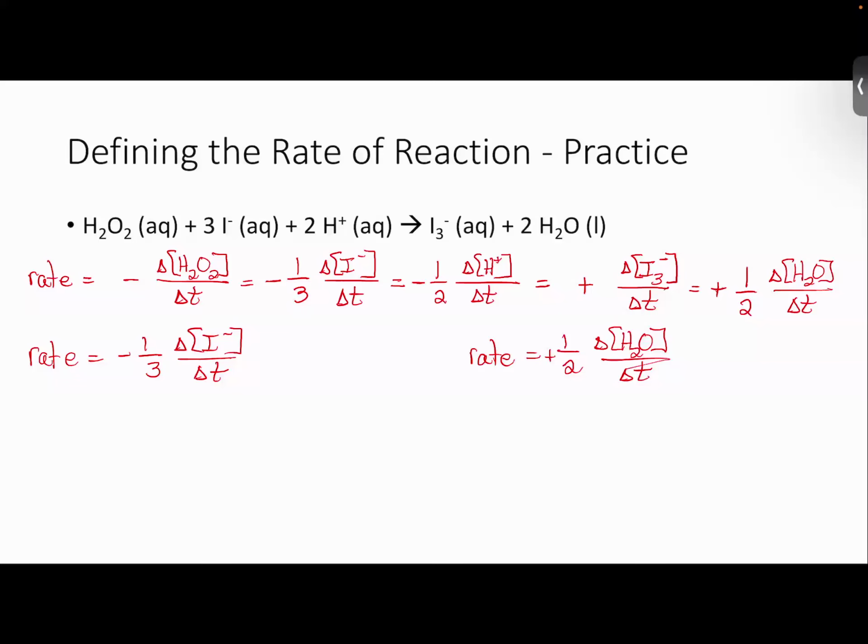So I could say, a -1/3 the change in iodide concentration over a change in time is equal to a positive change in triiodide concentration over a change in time.